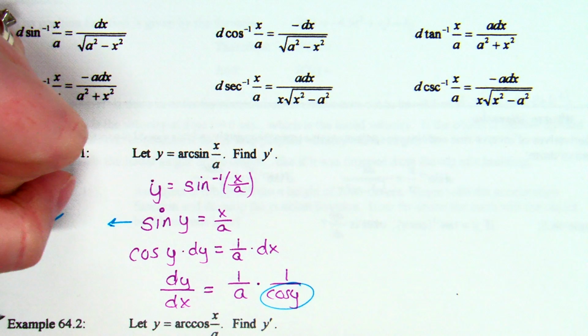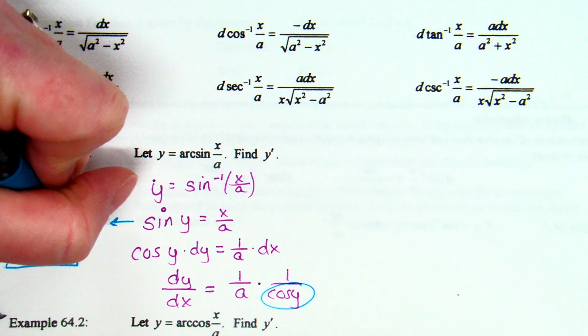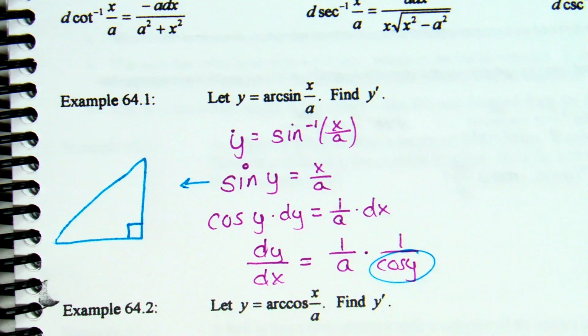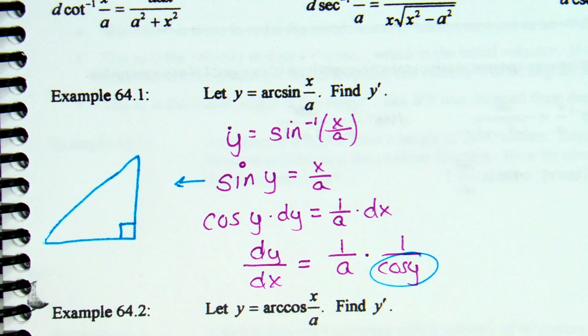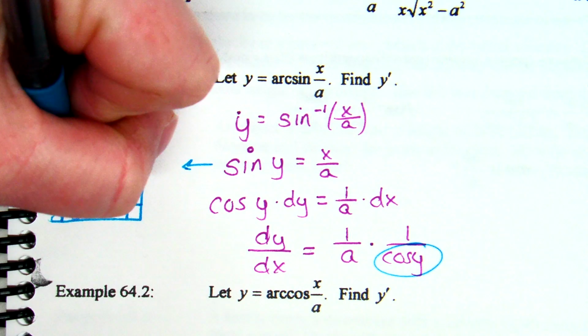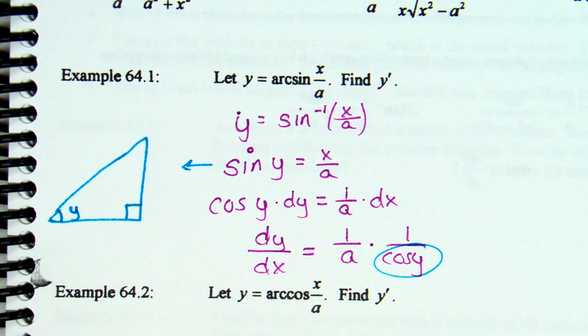Setting up a right triangle, because of course sine, cosine, tangent, those trig functions are all about right triangles. And it says sine of y is equal to x over a. So the sine of y is an angle. I'm going to call y this angle right here. It could be the other angle that's not 90 degrees.